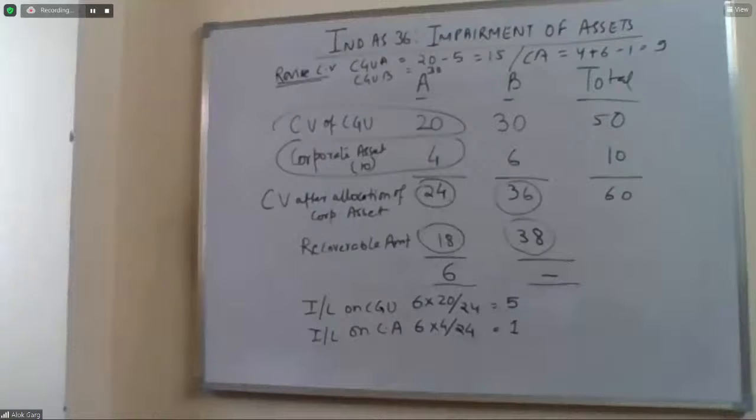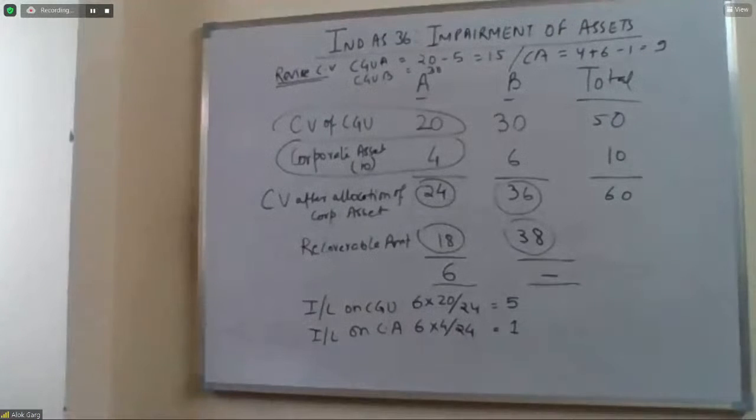Then the recoverable amount was 18 million. So total impairment loss was 6 million. Now out of this 6 million, we need to calculate what portion should be allocated to corporate asset and what portion to the other asset of the CGU.